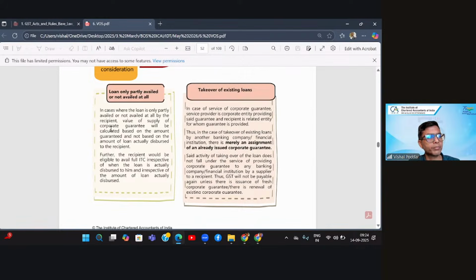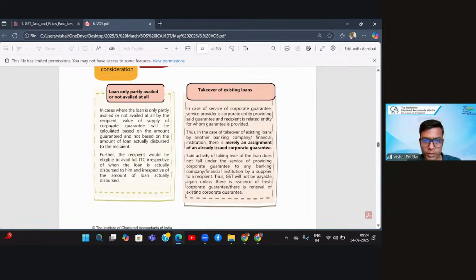Takeover of existing loans. In case of service of corporate guarantee, the service provider is the corporate entity providing said guarantee and the recipient is a related entity for whom the guarantee is provided. Thus, in case of takeover of existing loans by another banking company or financial institution, there is merely an assignment of an already issued corporate guarantee.